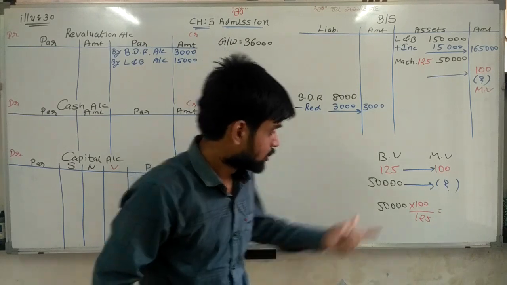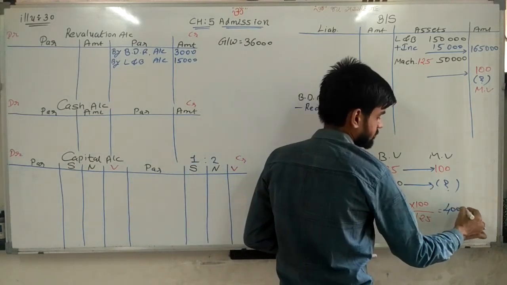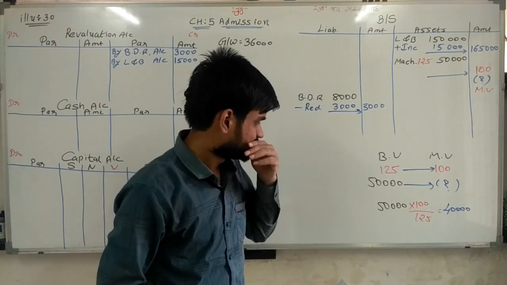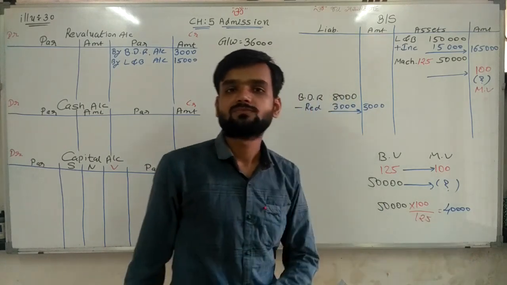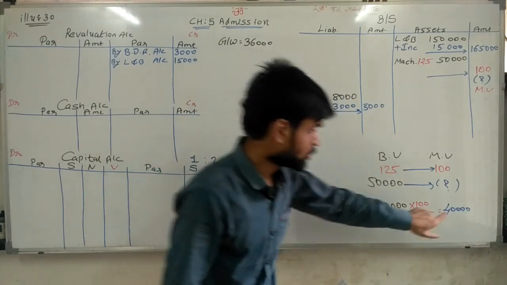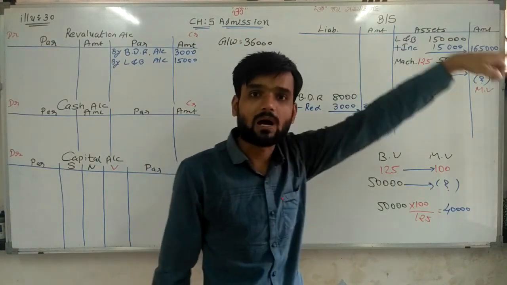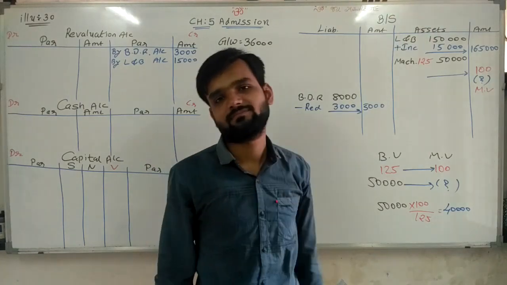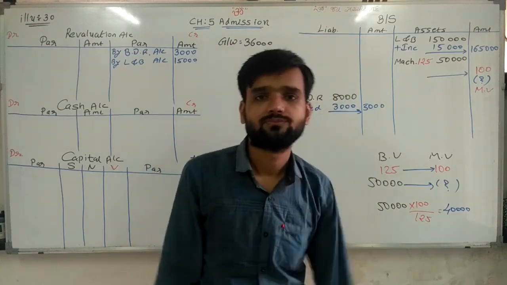So you will get the answer 40,000 rupees. So this 40,000 rupees is my value of machinery in the market. So this 40,000 is market value.